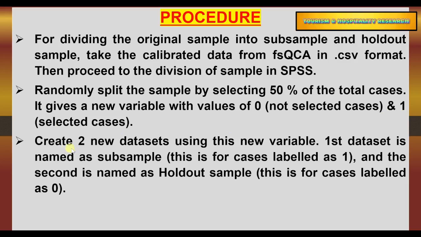Now there will be a new variable created in your data set. You name the one labeled with 1 as subsample, and the one labeled as 0 as holdout sample. So this is the preliminary step.